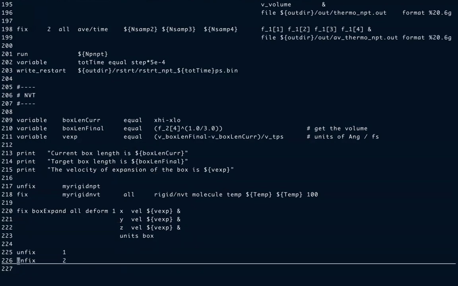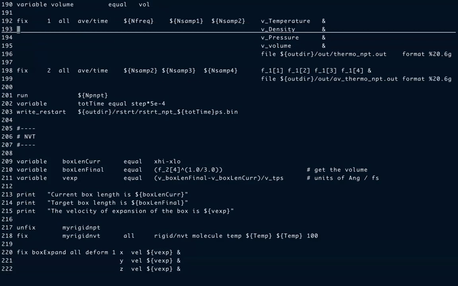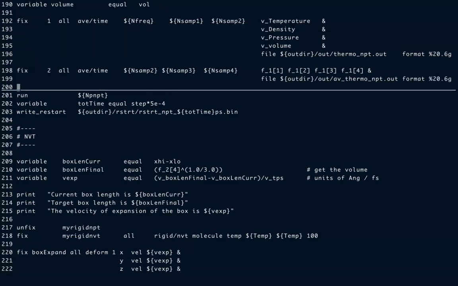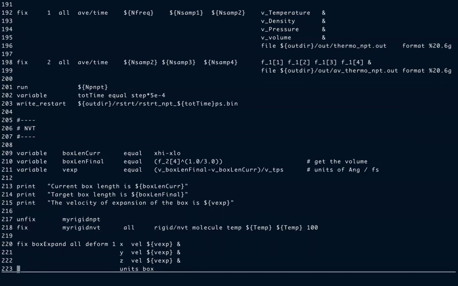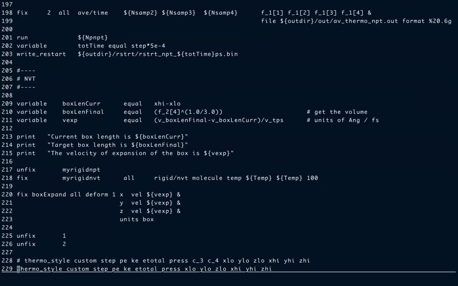I also unfix the previous thermo printing statements, which are from lines 192 and 198. So in this brief period where the box is expanding, the temperature, density, pressure, and volume are not printed anymore, since it would not make sense to have these values since it is not an equilibrium system.